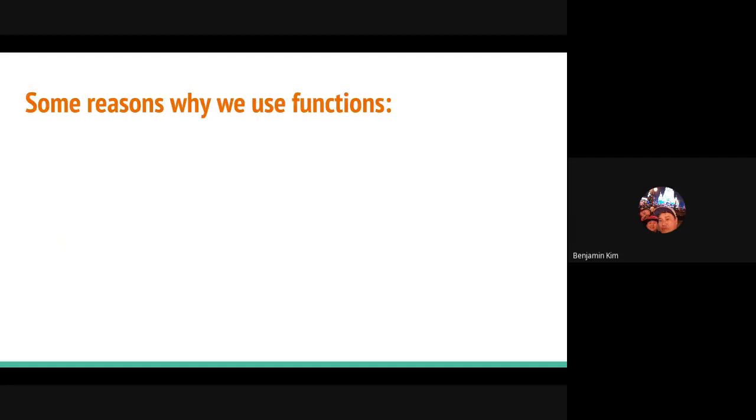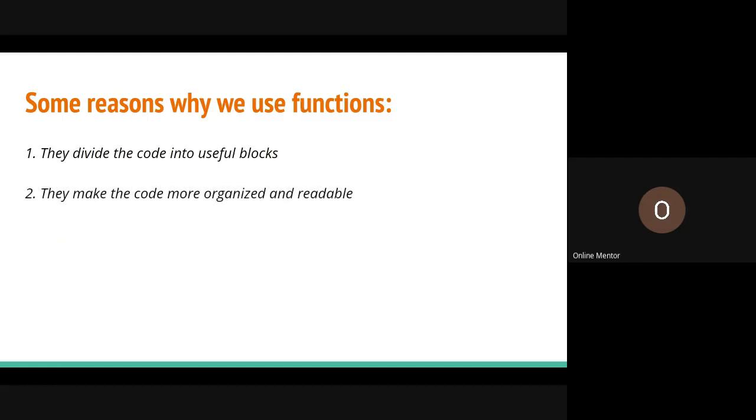Okay. And some reasons why we use functions are it divides the code into useful blocks, because as you guys saw when we were debugging the code, whenever there was an issue, it would say like, oh, in feed pet, indentation wrong or something like that. That way we don't have to go through the entire code to look for an error, so we're able to narrow it down. And again, they make the code more organized and readable.